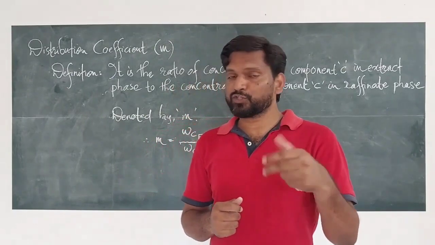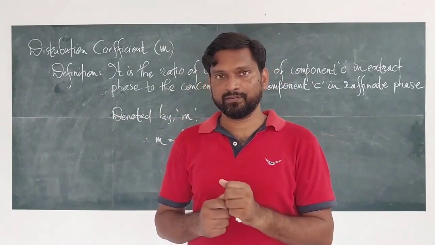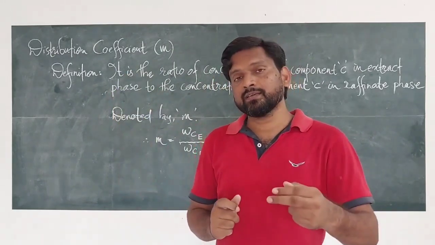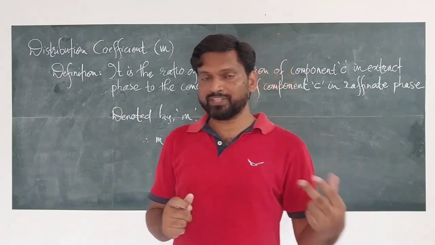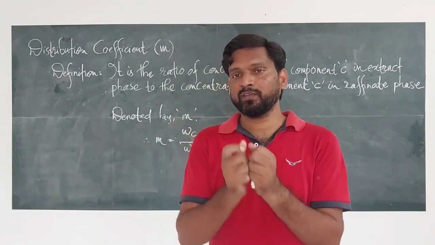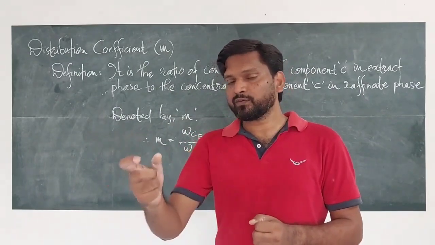A is a solvent, but it's a carrier liquid for C when it was initially with A, and B is one more solvent, which is introduced to fetch C from A.